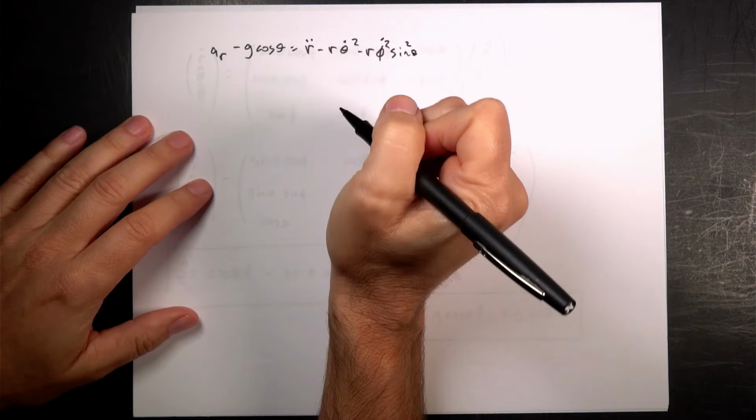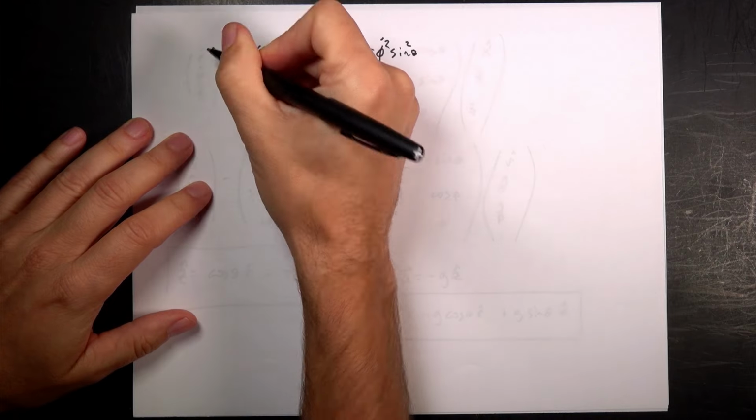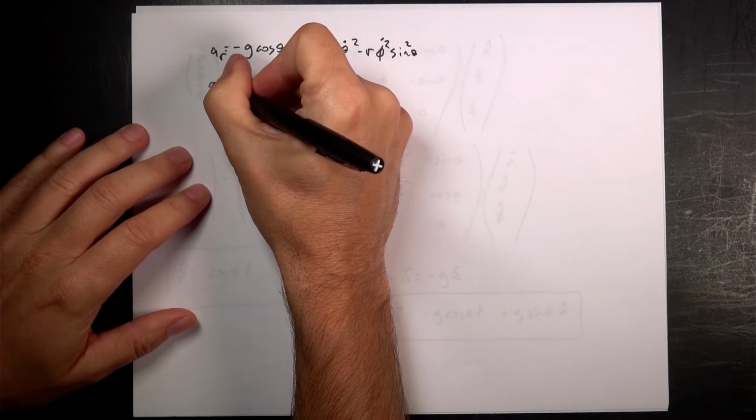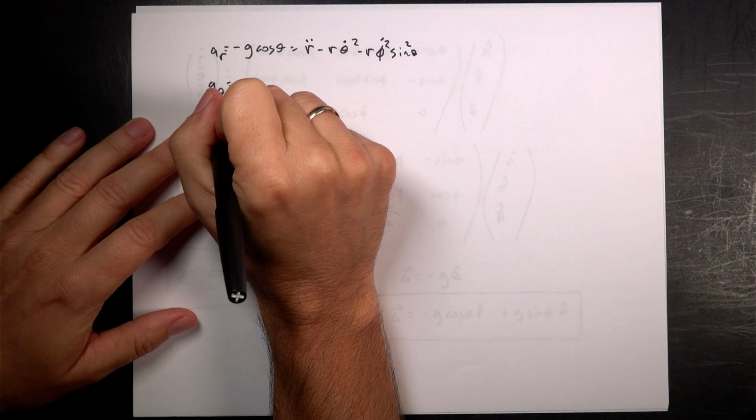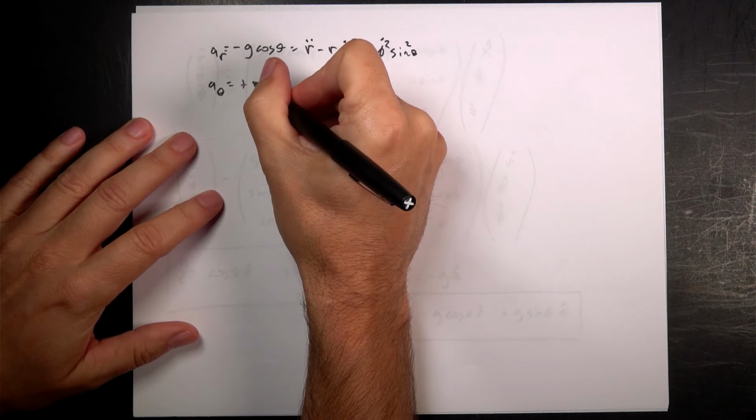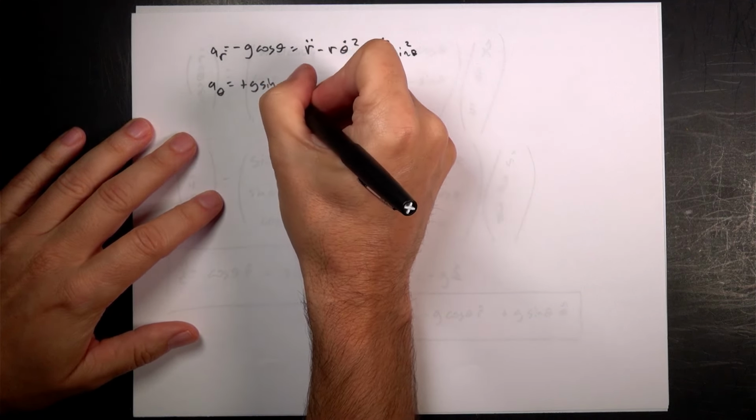And then I can do the same thing: a_theta is going to be equal to plus g sine theta.